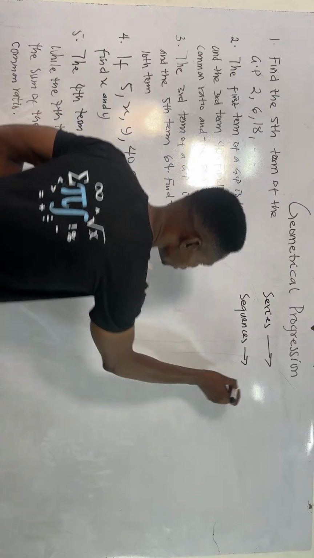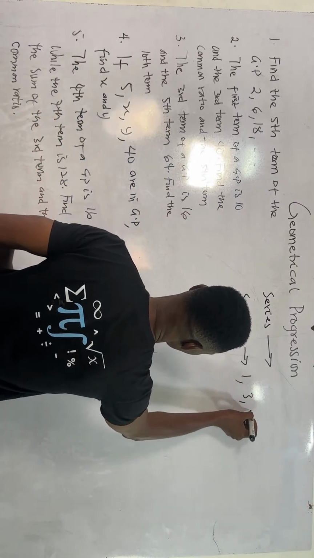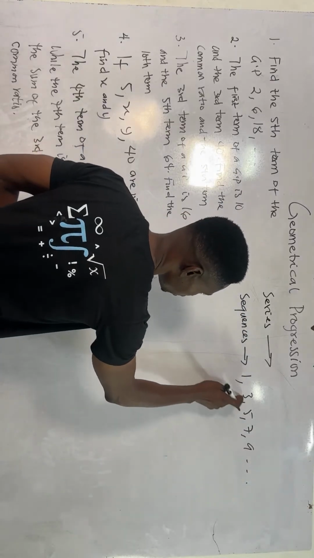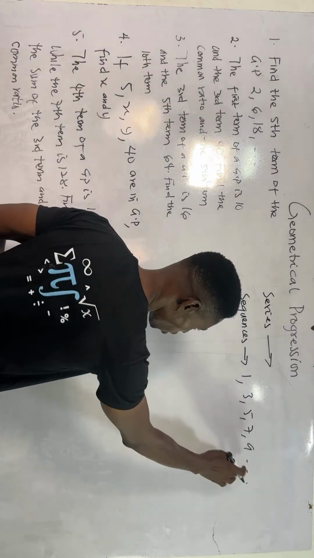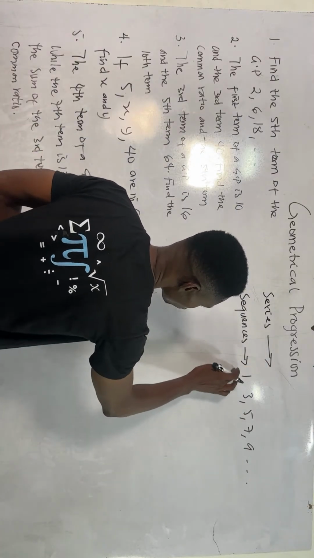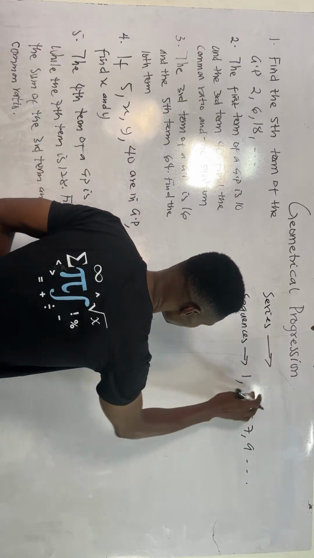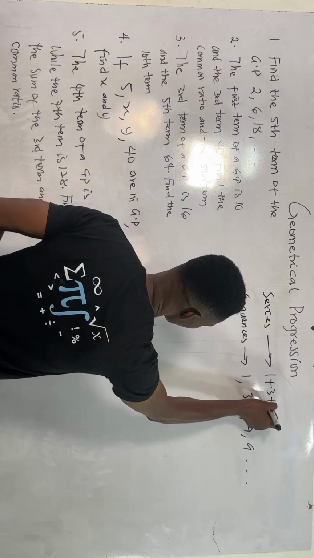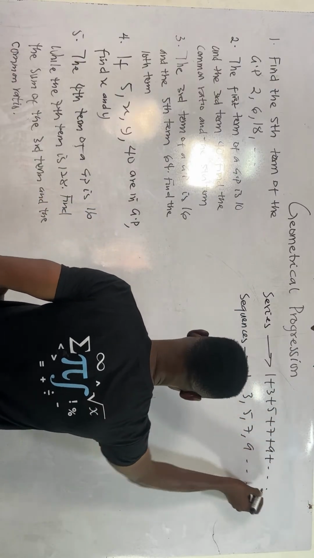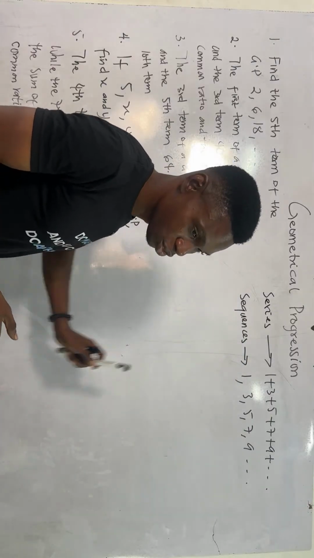We told you that a sequence is a repeat pattern. If you look at 1, 3, 5, 7, 9, there's a pattern we're following. And a series is the sum of a sequence. So for this sequence, the series will be 1 plus 3 plus 5 plus 7 plus 9 plus and so on.